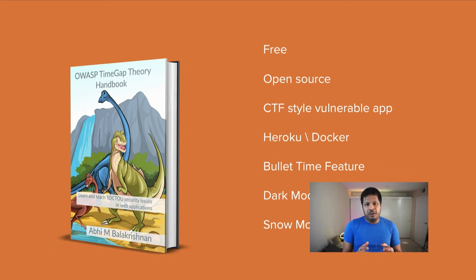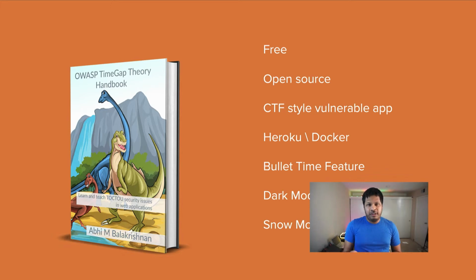You can run it on Heroku or Docker. That means you can run it on your system or a system that is controlled by you, if you want to run traffic-heavy tools on them, or you can just spin up a Heroku instance and do whatever light testing you want, just to understand what a TOCTOU issue is.